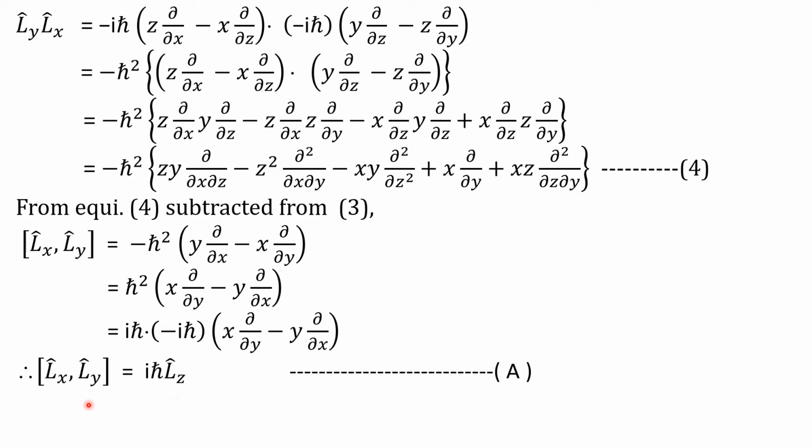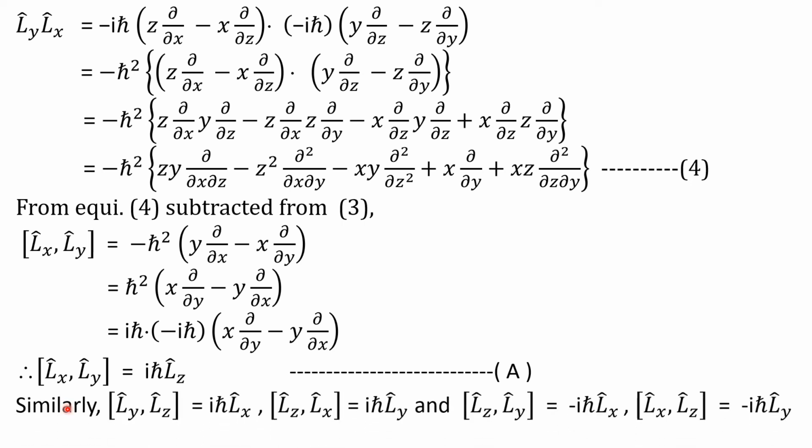In the same manner, we find the other commutation brackets. For Ly, Lz, if we write it in cyclic order Lx, Ly, Lz, the resultant term for Lx Ly is i h cross Lz. Similarly, for Ly, Lz, we get i h cross Lx. Similarly, Lz, Lx is i h cross Ly.